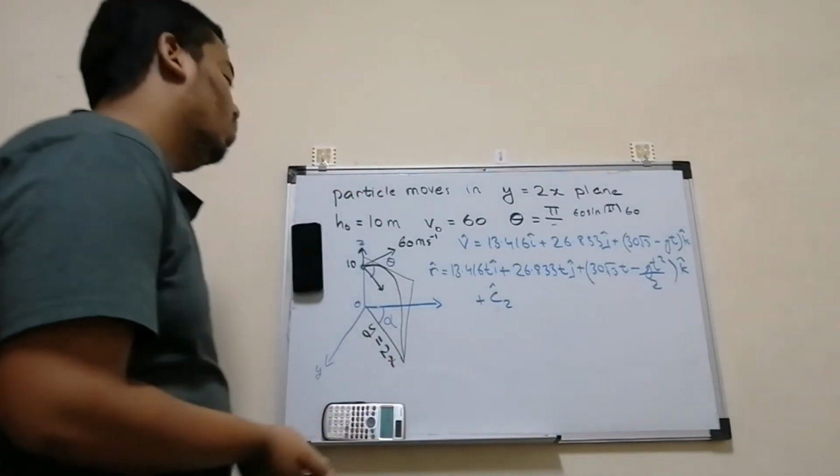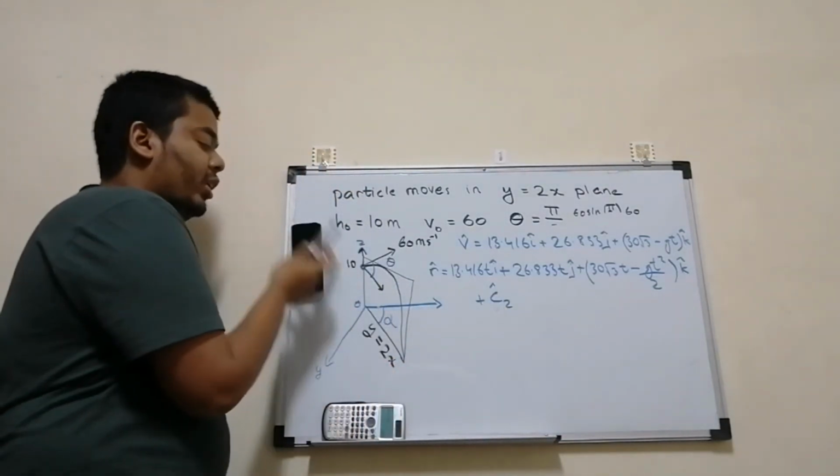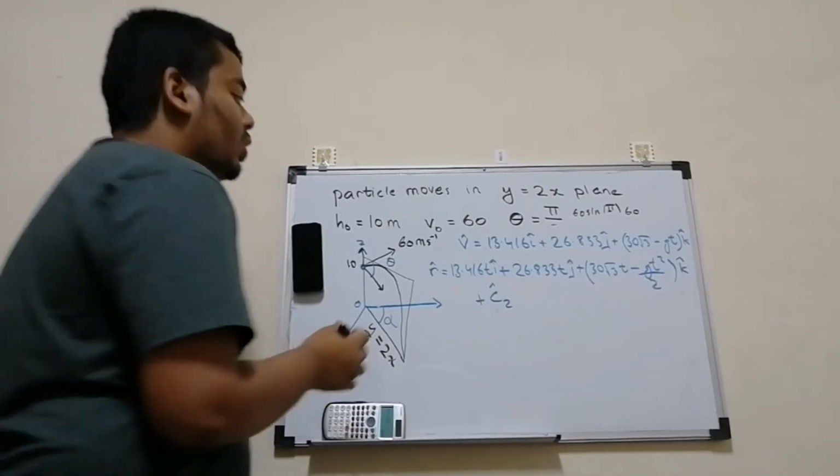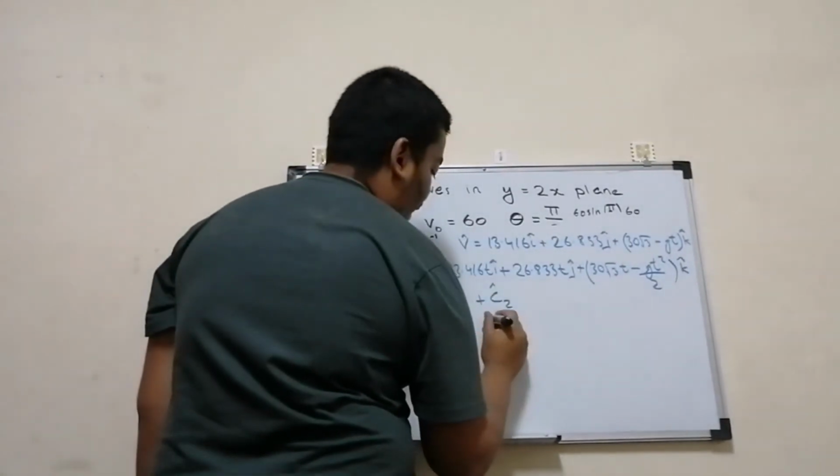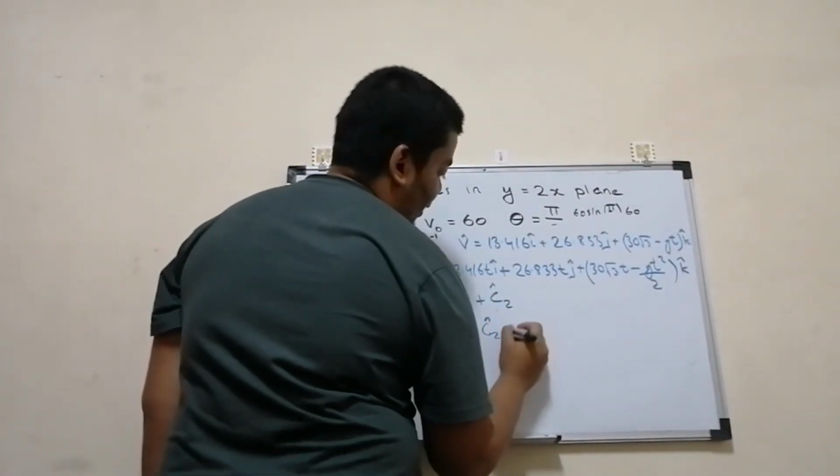We all know that initially the position vector was at 10K, so C2 is 10K.